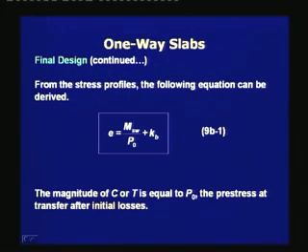From the stress profiles, the following equation can be derived. e is equal to MSW divided by P0 plus kb. The derivation of this expression was shown earlier. Again, here we are recollecting this expression of e, which gives us the location of C at the bottom kern point.